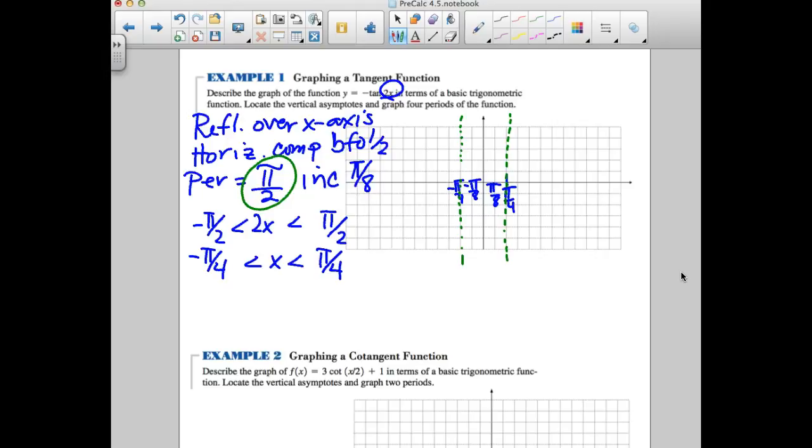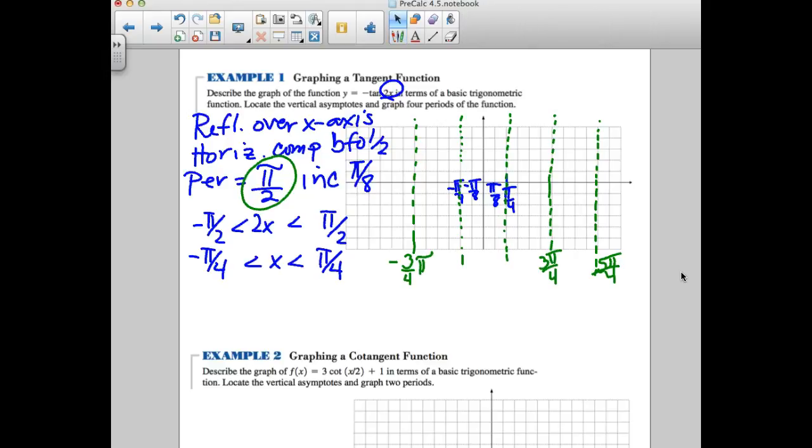So go 4 tick marks, draw another asymptote in, and we said this one was 3/4. Where would the next one be? 5/4. Now that's 3 spaces for periods. We need 1 more, so let's go on the left. We were at negative 1/4. If we go left another 2/4, we're at negative 3/4. That'll get us the 4 periods.